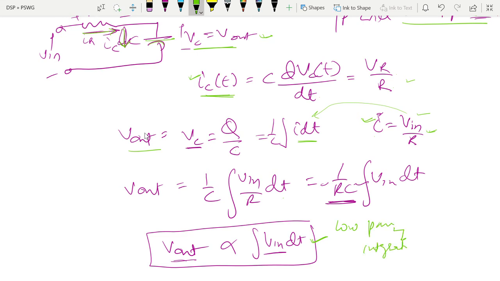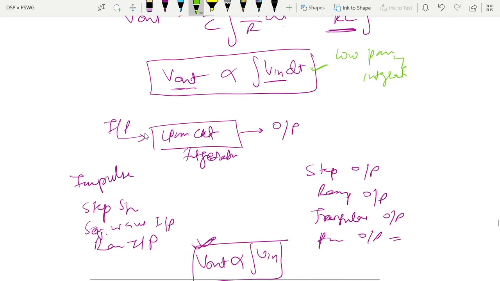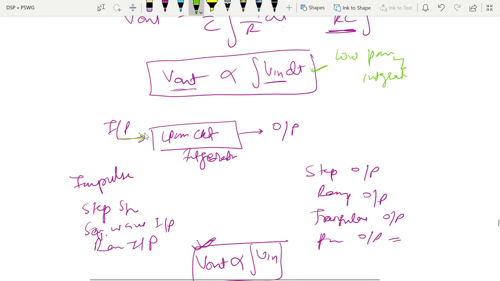So it will act as an integrator. Whatever input you give to the low pass circuit, it will give the output as the integration of that input. For example, if you give an impulse signal as input, the output will be a step. If you give a step input, the output will be a ramp. If you give a square wave input, the output will be a triangular pulse.